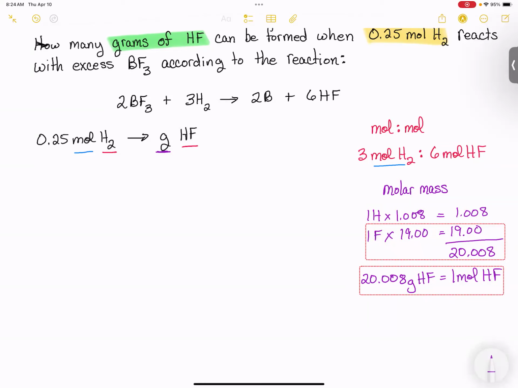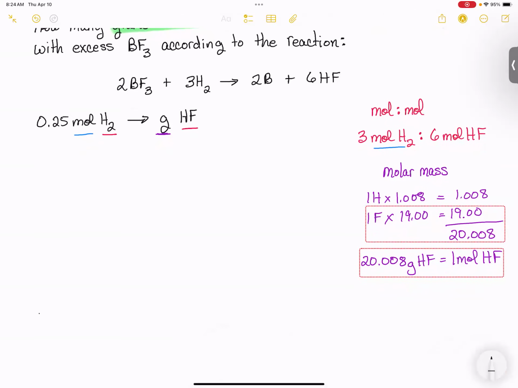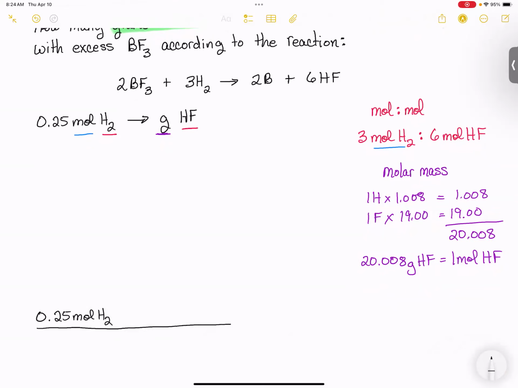Okay, now that I've broken down what I have and what I need to solve for, and I have determined conversion factors, I'm ready to start this problem. 0.25 moles of H2. The first conversion factor I need is going to have moles of H2 in it. So I'm going to use the mole to mole ratio of H2.